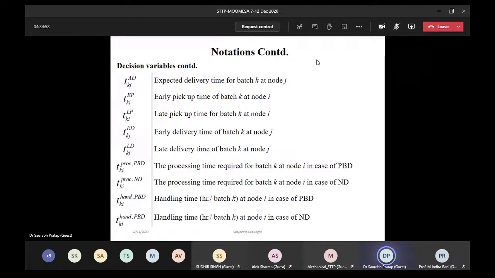Then late pickup time, early delivery time. Maybe in some cases the product will be delivered before the promised time. So in that case, again there will be an issue for the customer, because on the basis of the promised time, the customer has to manage their time.